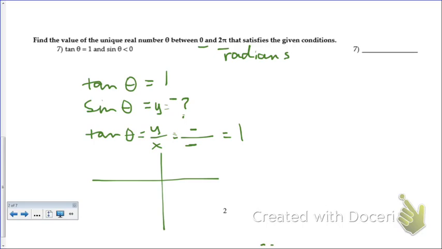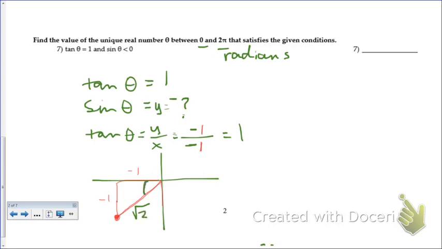So here's what it's going to look like. We'll have an x coordinate of negative 1 and a y coordinate of negative 1, to give me positive 1. And so there's a point. If I do the Pythagorean theorem, the hypotenuse is square root of 2.